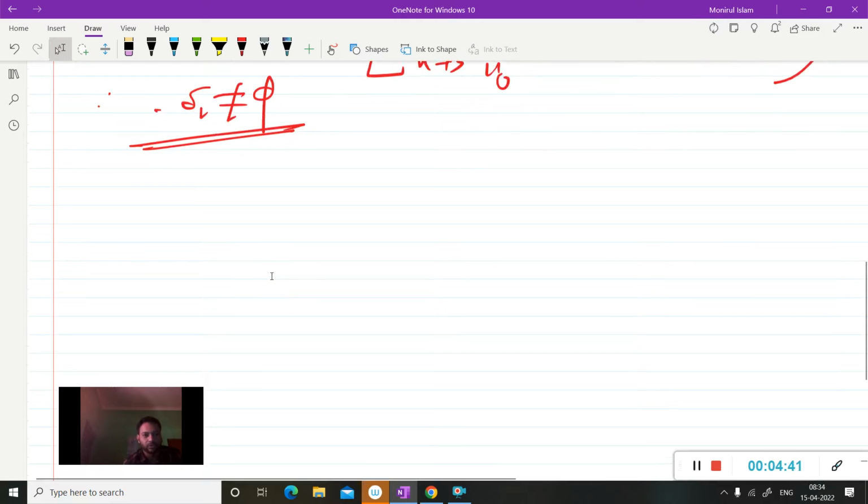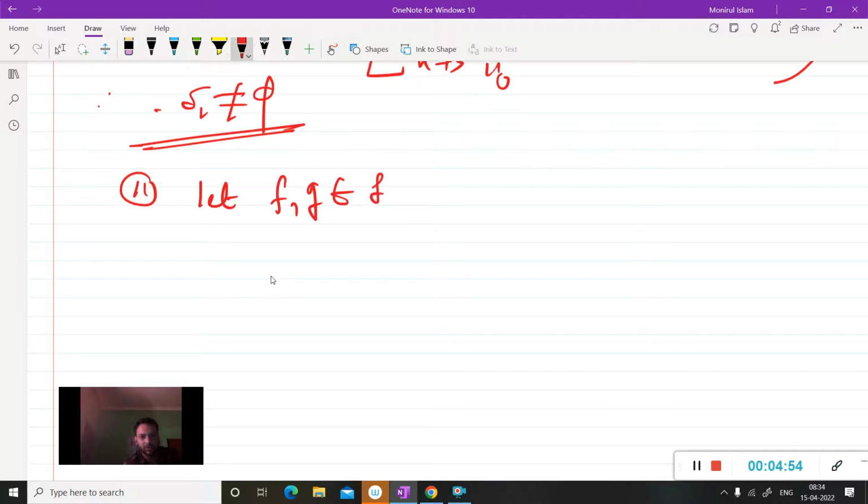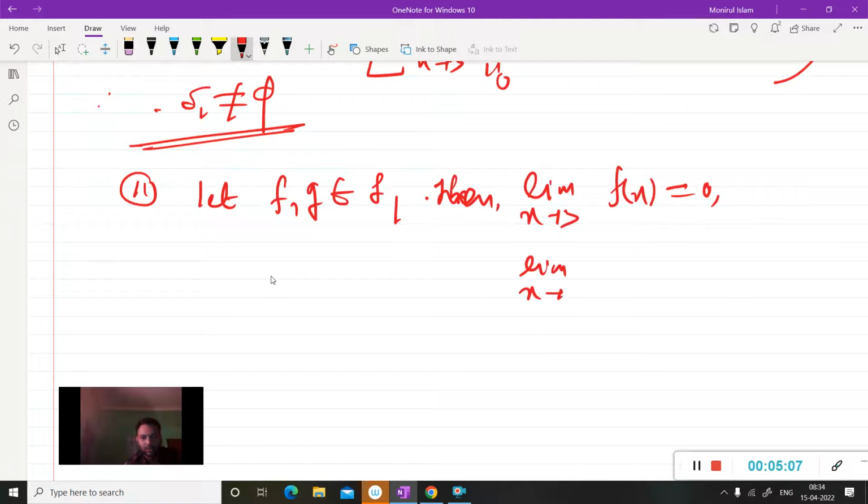Now we are going to take two functions and apply the general definition of a subspace. Let f and g be two functions belonging to S1. Since f and g belong to S1, the limit as x tends to 3 of f(x) is 0, and the limit as x tends to 3 of g(x) is 0. Name it 1.